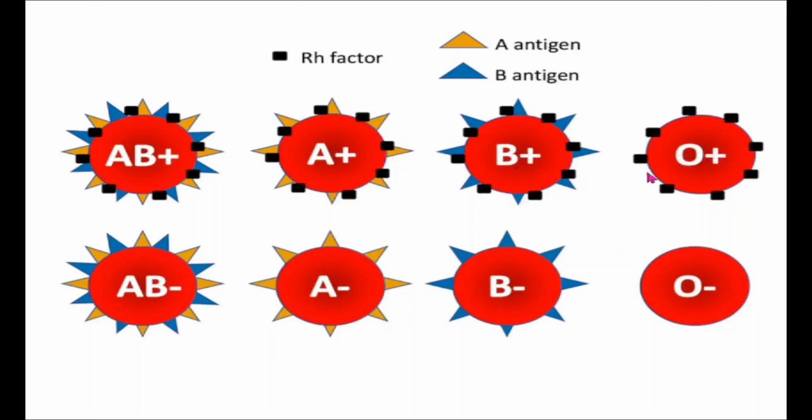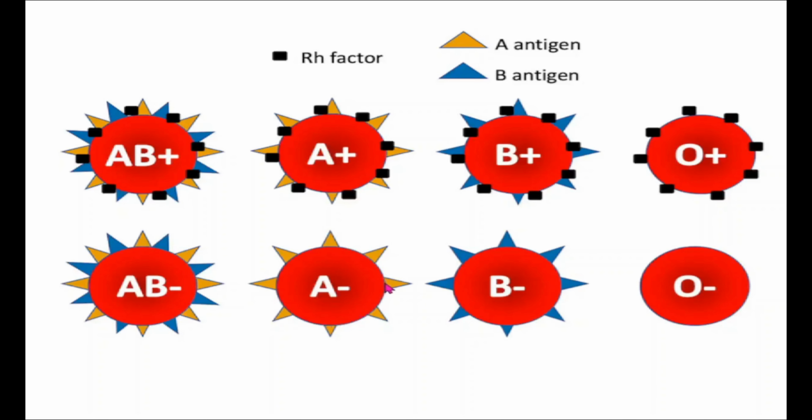O is like that. There is no ABO type of antigen or protein, then only the RH factor, we call O plus. AB minus is just that there is no RH factor here on the surface. There is no black square.